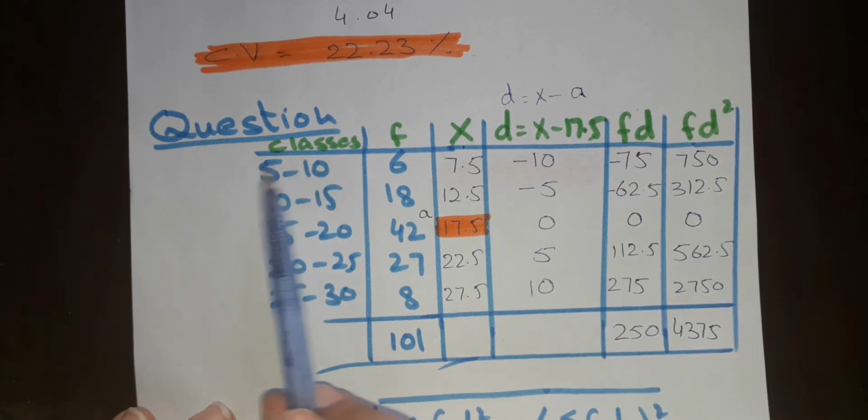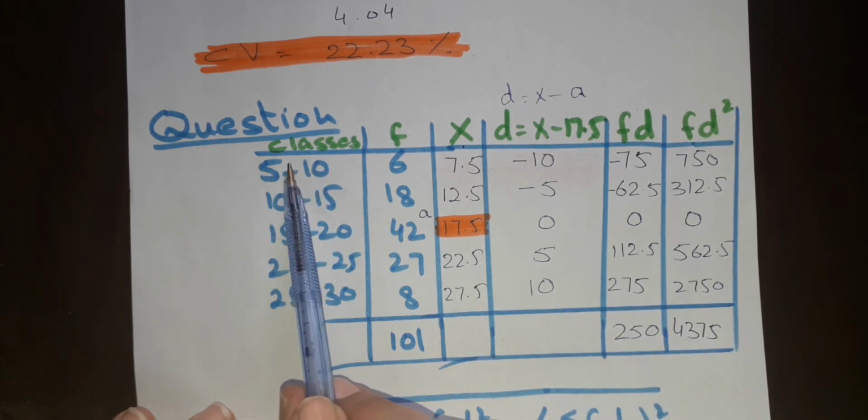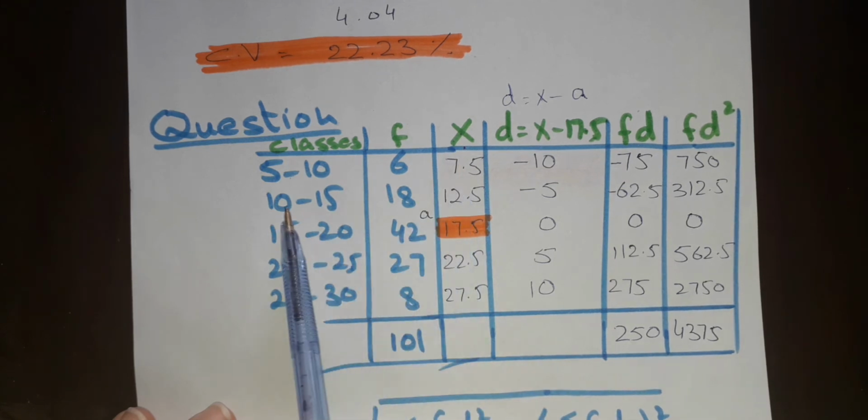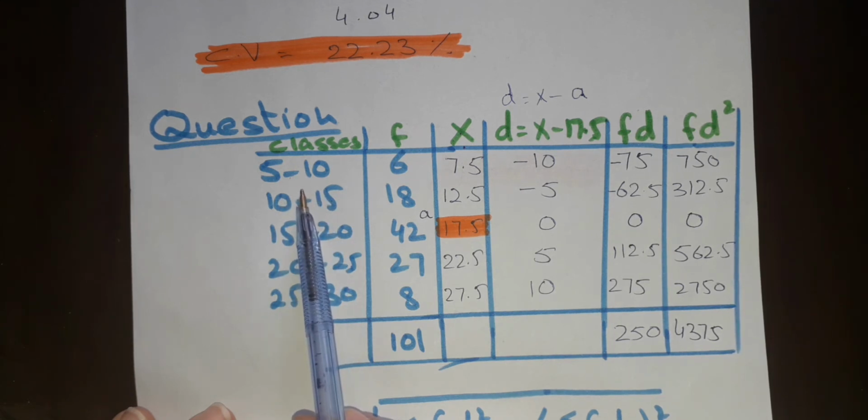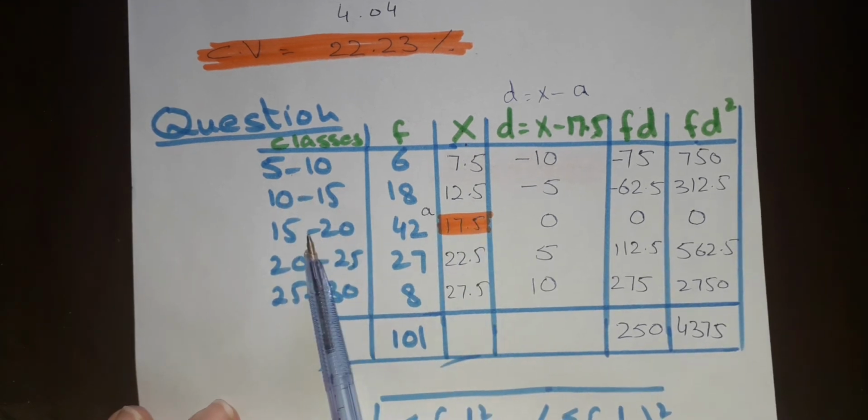What is the most central value? 7.5. In the same way, add these two values and divide the answer by 2, and it gives the most central value, 12.5.